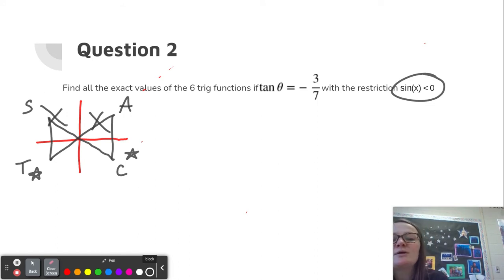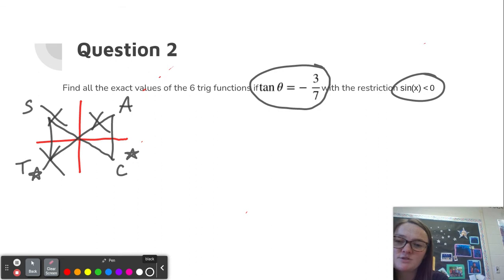To narrow it down, I'm going to also take into account that tangent is negative. So I want to pick a quadrant where tangent is negative and sine is negative. Well, tangent is positive in the third quadrant, and so I'm going to cross that out. So the triangle I really want to focus on here is a triangle in the fourth quadrant right here.